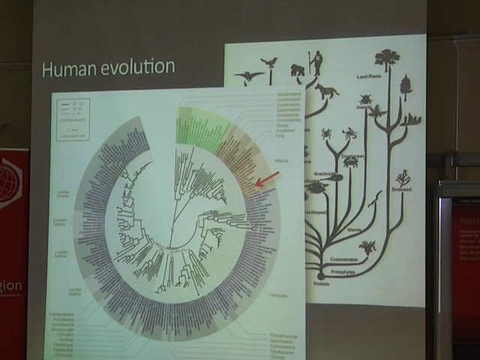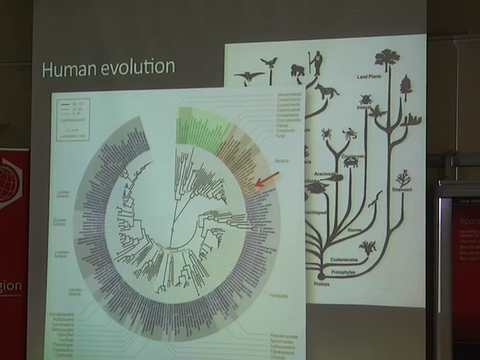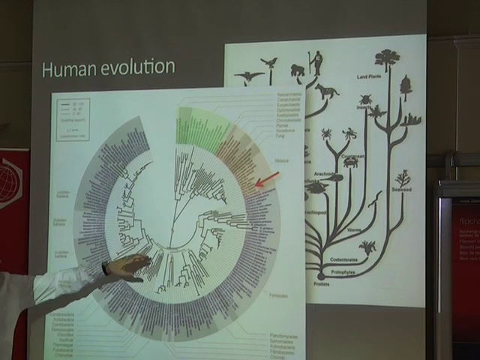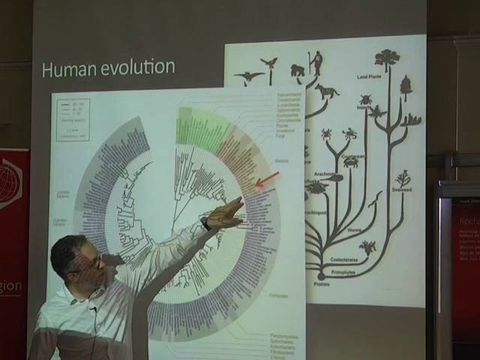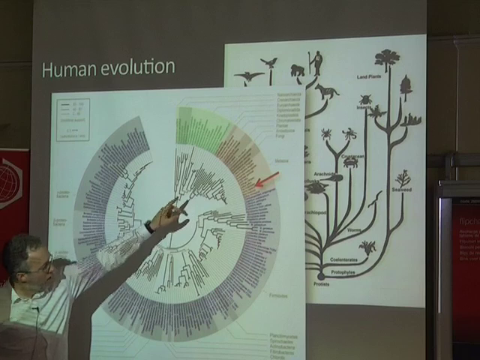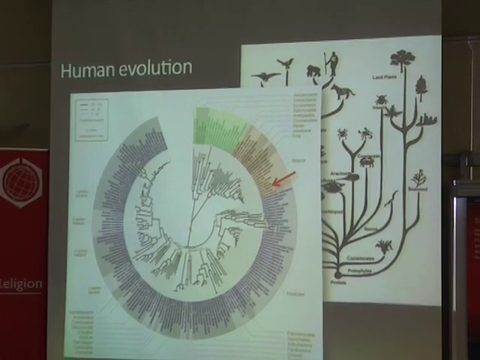Here you have a big phylogenetic tree. You cannot read it, but the length of these branches relates to the amount of genetic differences between the individuals. Humans are right here, close to apes and others. And all the blue here are bacteria.